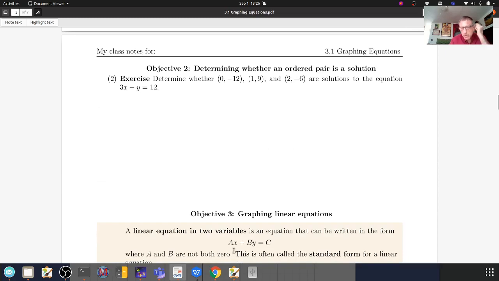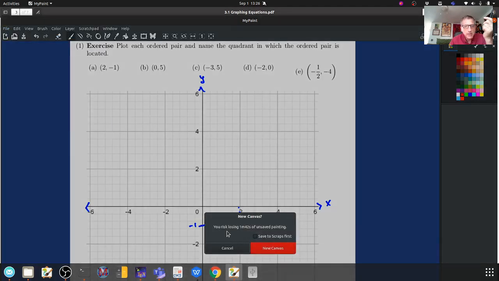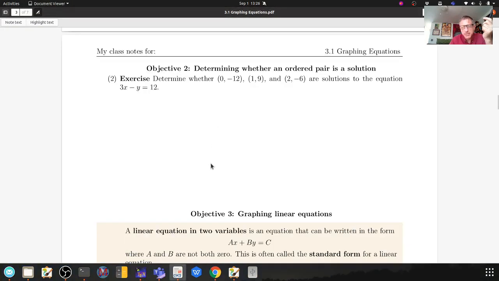So now I'm going to introduce you to a brand new concept. We've been looking at linear equations in one variable, usually the variable x.